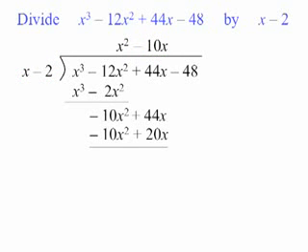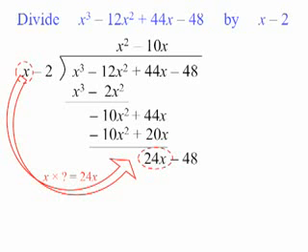Okay, as soon as you've written something underneath, you put a line under it and subtract. Negative 10x squared subtract negative 10x squared gives us 0, and 44x take 20x gives 24x. Then bring down the next term and write it alongside.